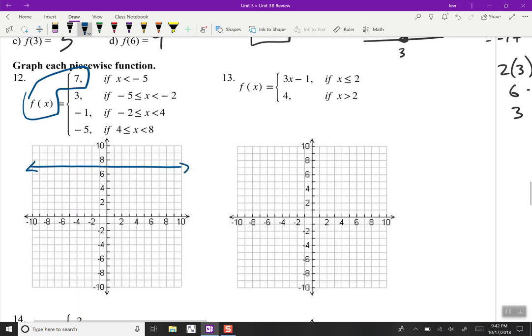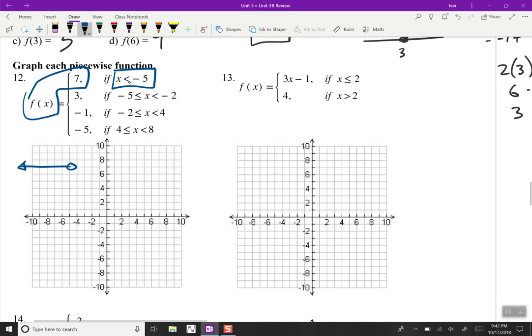But our constraint says we just want x values that are less than -5. So I'm going to erase this. I just want x values that are less than -5. So that's right here. And I just want that portion of it. Less than -5 of the line at 7.